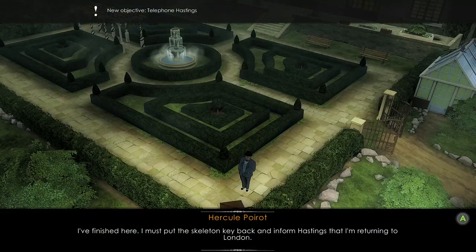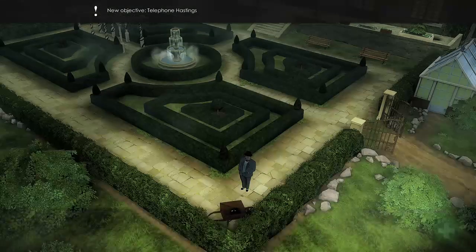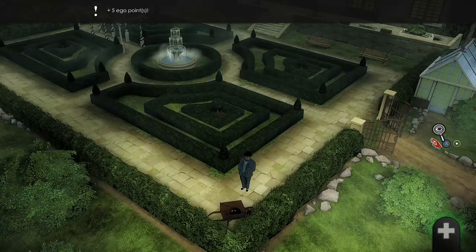I've finished here. I must put this... But I wanted to go over here, to the greenhouse.